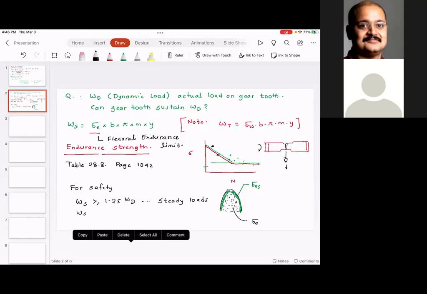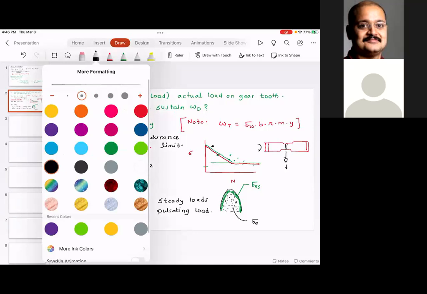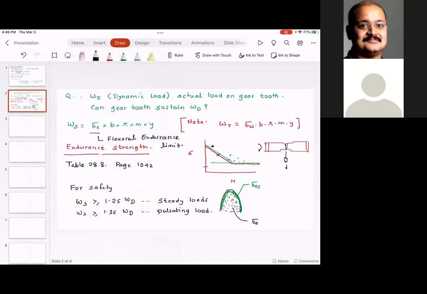WS is greater than or equal to 1.35 WD for pulsating load. And WS is greater than or equal to 1.5 WD for shock loads.